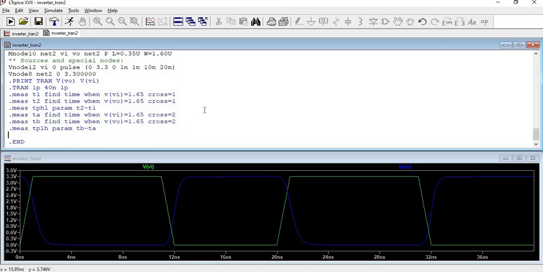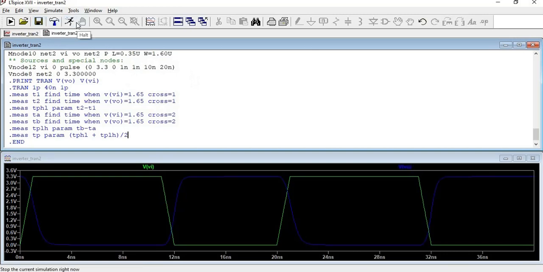Then eventually to solve for the propagation delay, that measure TP param, TPHL plus TPLH divided by 2. So don't forget to save your file.